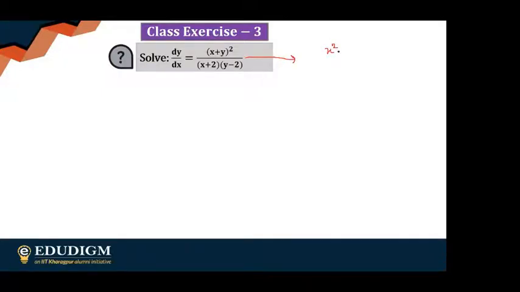You have x squared plus 2xy plus y squared. Okay. Here you have xy minus 2x plus 2y minus 4.